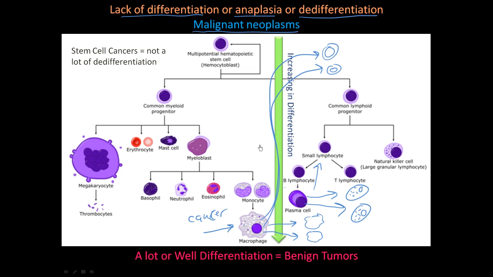And remember, these are just blood cell types, so this might be leukemias and different things, but every cell comes from a stem cell. So if they go back up the differentiation pathway to look more like the stem cell from whence they came originally, then it's dedifferentiation. If they divide and they look a lot like the parent cell, then there's a lot of, or well, differentiation, and that's indicative usually of benign tumors. But remember that malignant neoplasms can run the whole continuum.